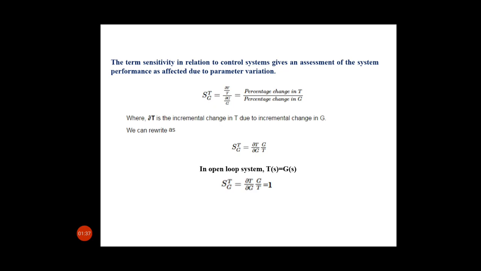So here we write the sensitivity in terms of T and G, where T is the overall transfer function and G is the forward path gain.